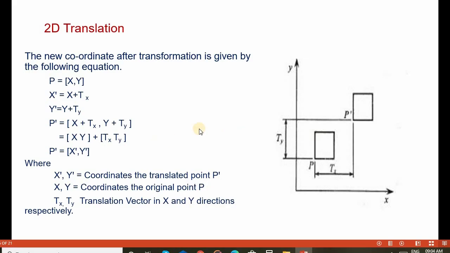Adding the increments, Tx in the x axis and Ty in the y axis, is called the translation vector or increments. So we add the translation vector in the corresponding x axis and y axis, and we get the new translated object, called P dash, which is (x dash, y dash). This is the process called 2D translation.